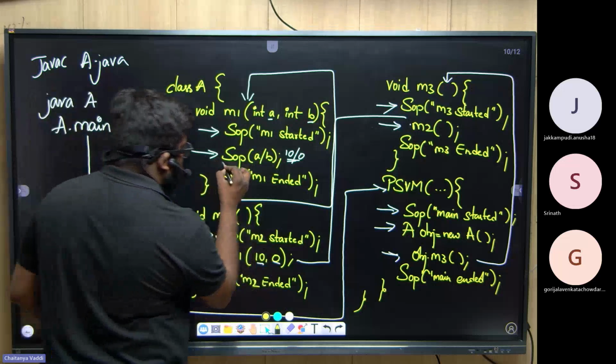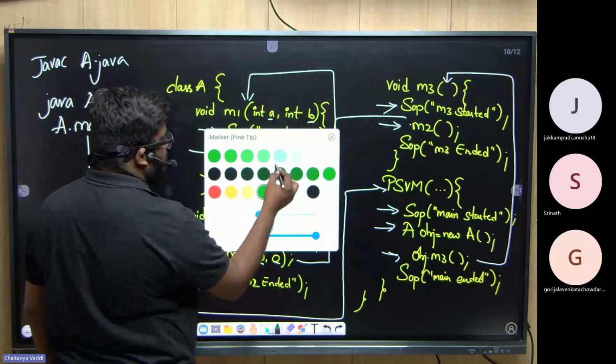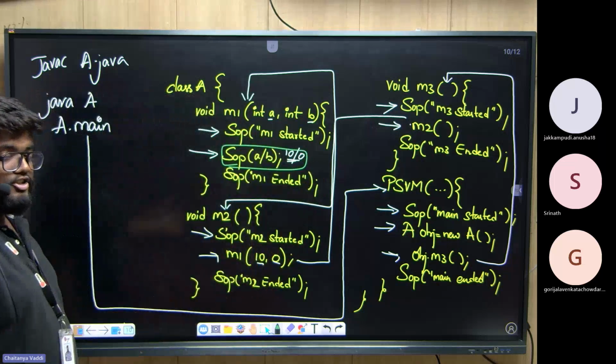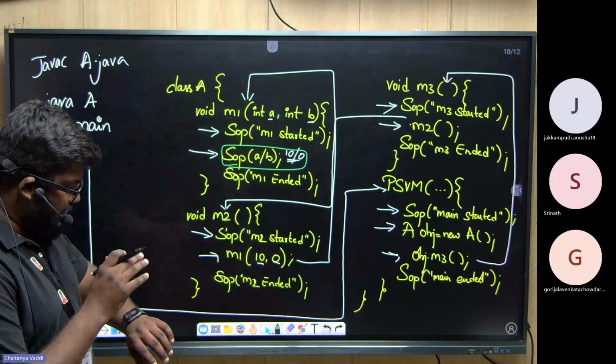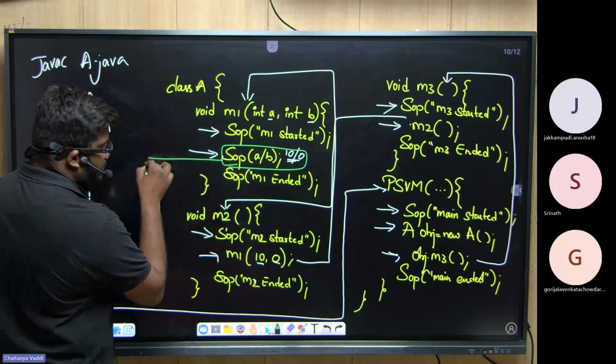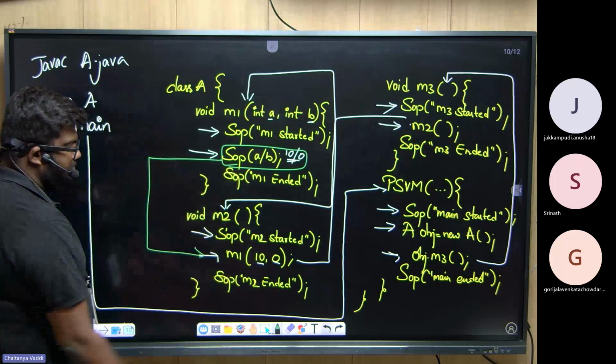It will first check whether an exception is handled or not here, and it finds that we have not handled any exception. So it intelligently goes back to where it was called.